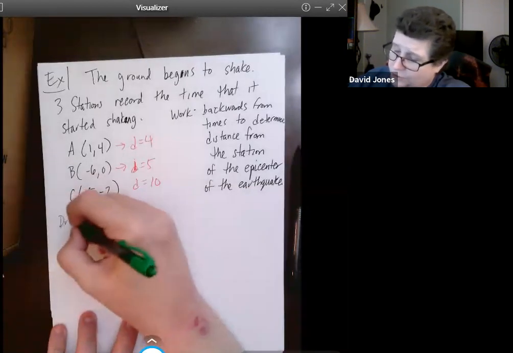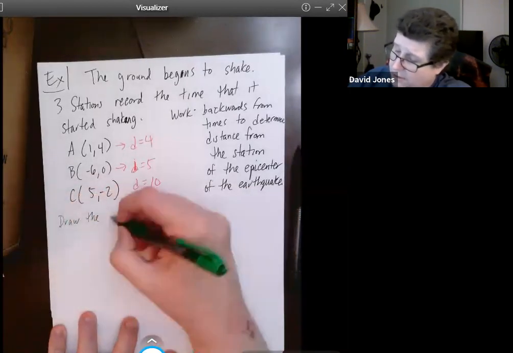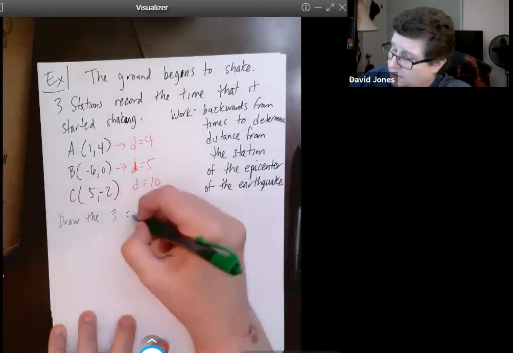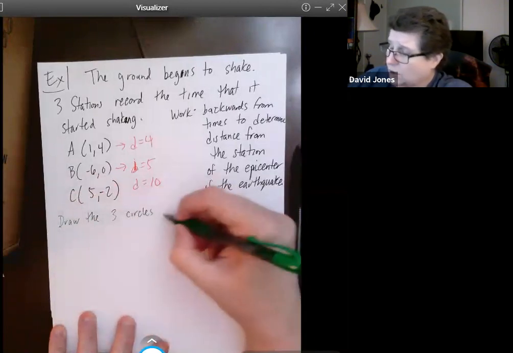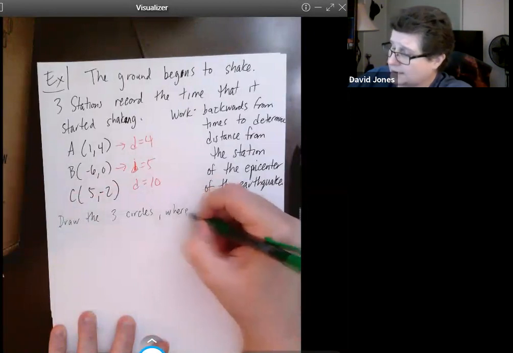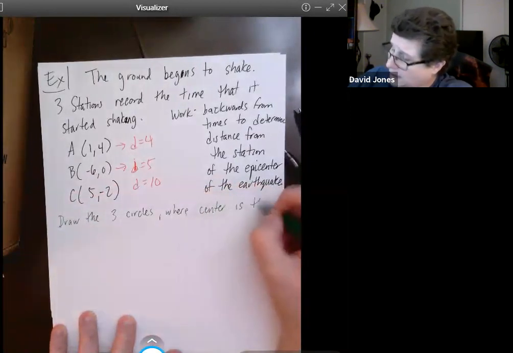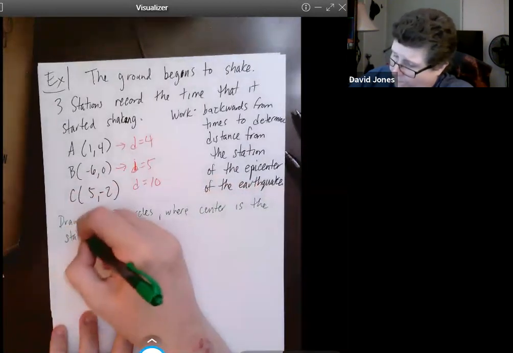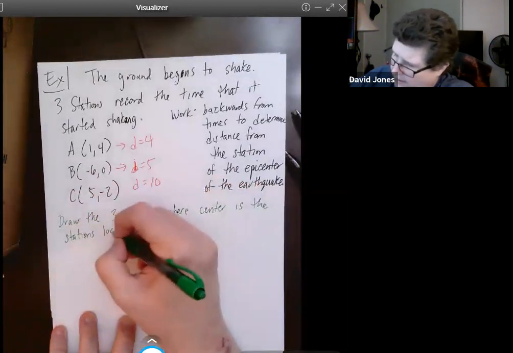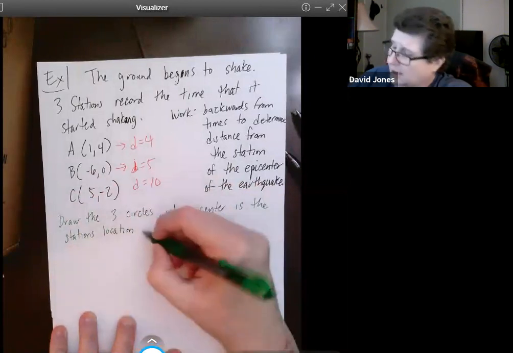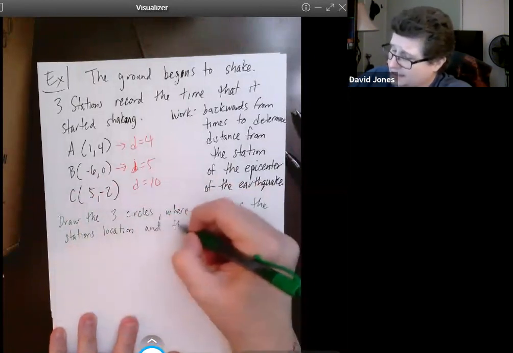Draw the 3 circles, where the center is the station location and the distance is the radius.